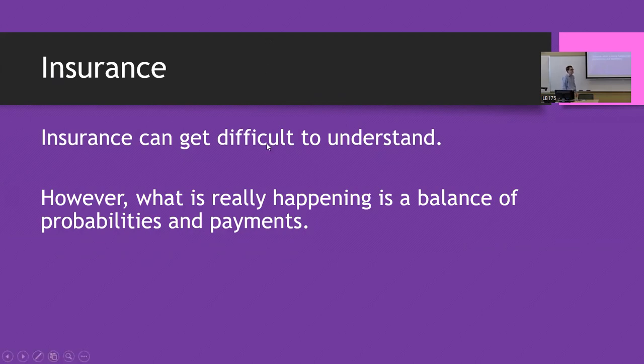But really, what's happening is insurance is balancing the probabilities of something happening with the payments that the insurance company is going to have to pay out, given that that event happens. So it's just a balancing process.